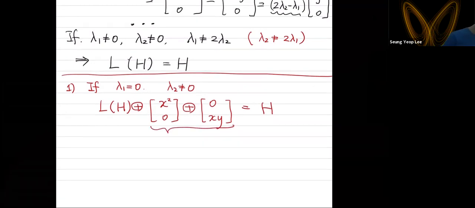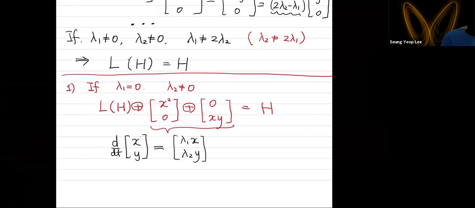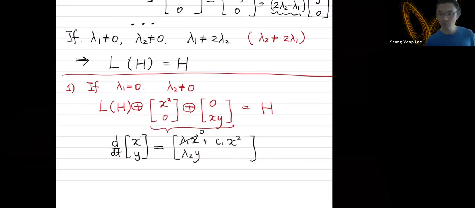And that means that the original dynamical system, du/dt, with lambda 1 x, lambda 2 y, where lambda 1 is 0, plus quadratic terms: this is 0, and there's a quadratic term which can have some coefficient times x squared.